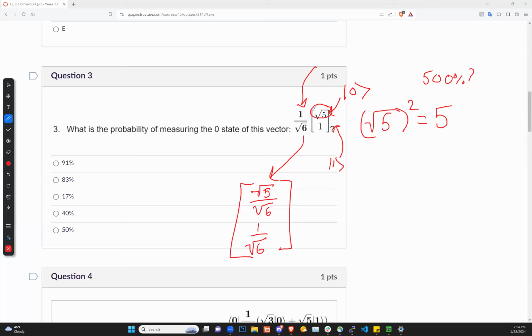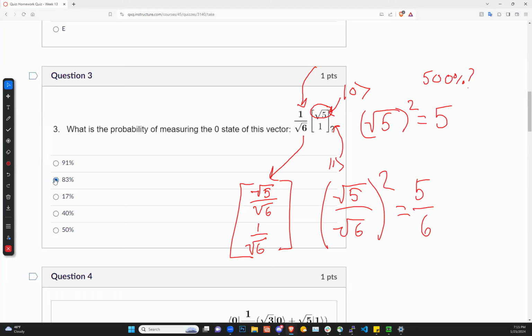I literally just took both of these numbers and multiplied them by this coefficient to get the 1 over square root of 6 inside the vector instead of outside. And now when we square the top number, square root of 5 over square root of 6 squared, we get 5 over 6, which is about 83%. You could plug that into a calculator if you don't believe me, but I will tell you it is 83%.